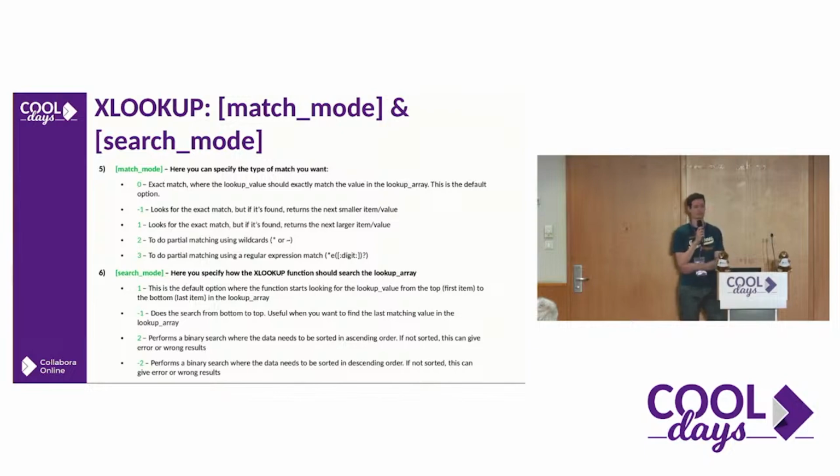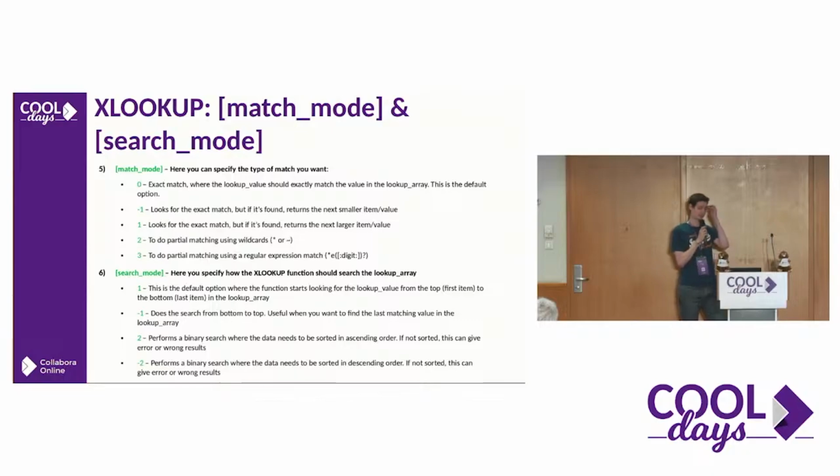The last parameter is the search mode. We have four options for that. The first one is the linear search from the first item. The minus one is a linear search from the last item.